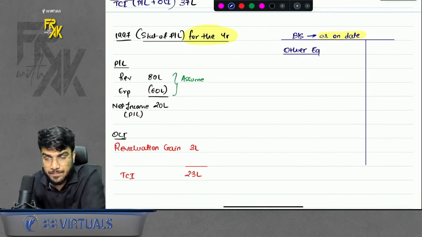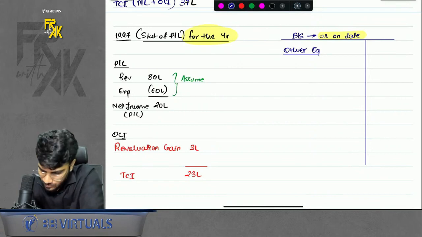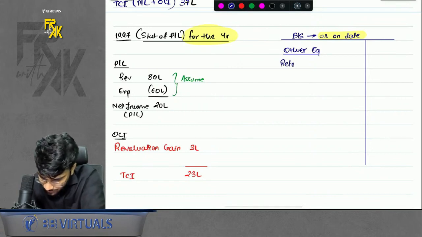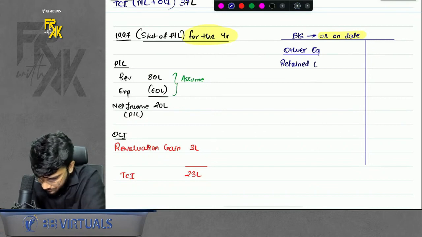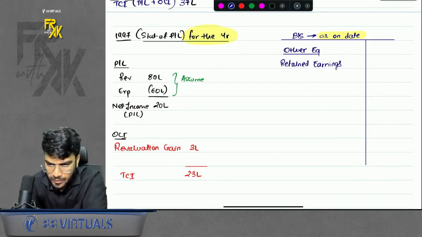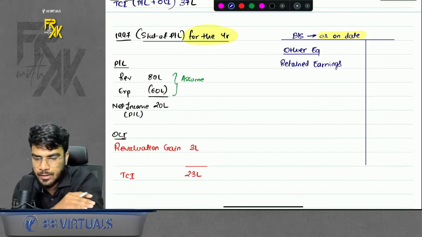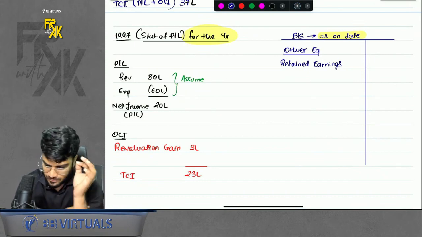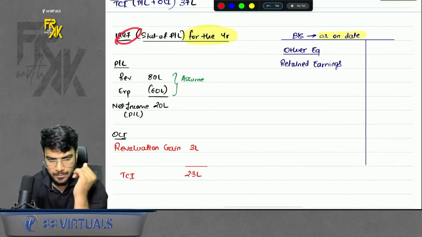To check this, you all will give me the balance of retained earnings. What will be the balance of retained earnings as on today, as on 1997?